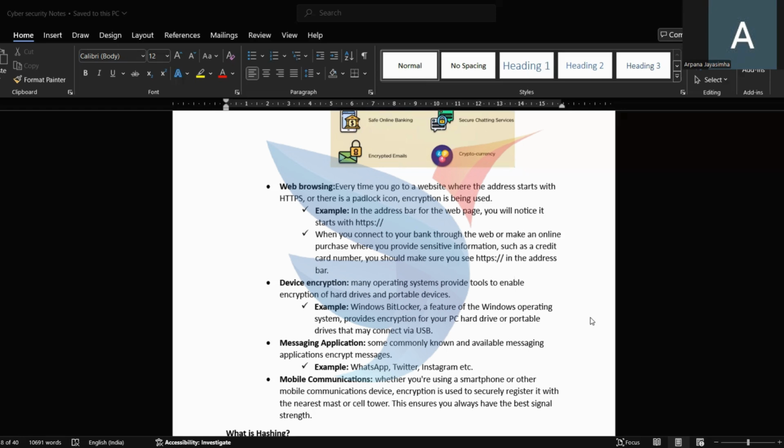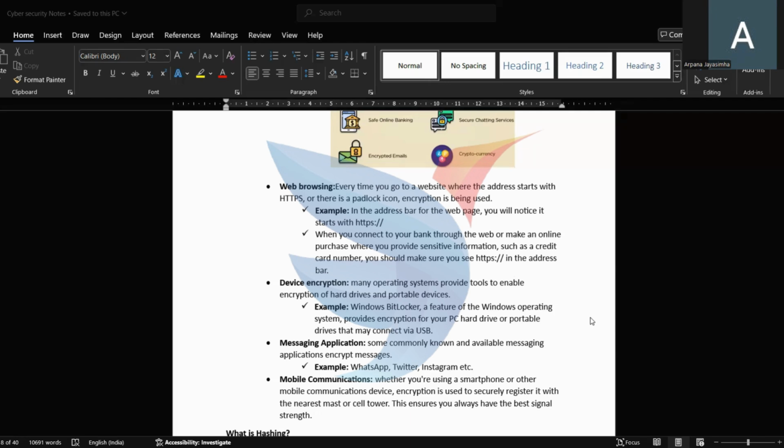Next is device encryption. Many operating systems provide tools to enable encryption of hard drives and portable devices. For example, Windows BitLocker, a feature of the Windows operating system, provides encryption for your PC hard disk or portable drives that may connect via USB.